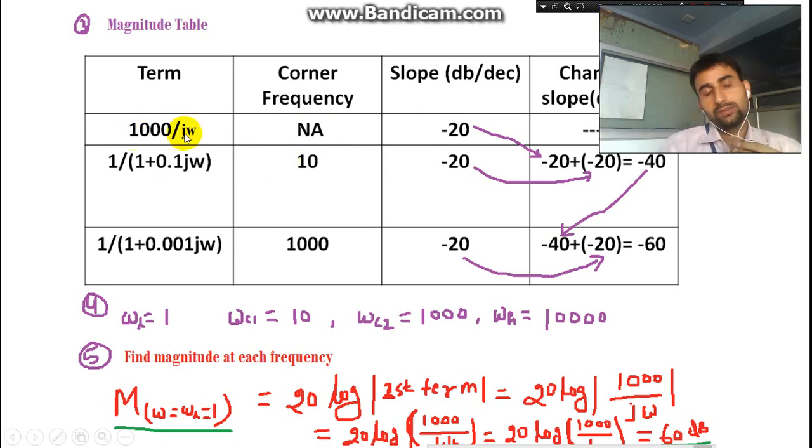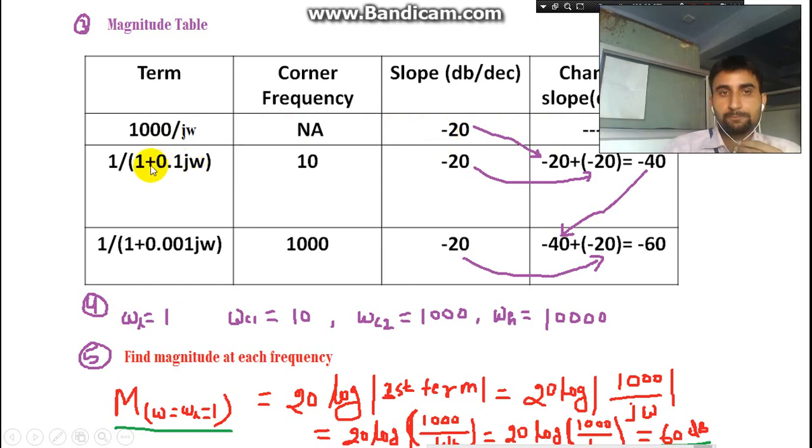But you just have to remember that if there is a j omega term in the denominator, it gives minus 20 dB per decade slope. If there is a term of omega, j omega, or s in the numerator, it gives plus 20 dB per decade slope. There is no change in slope, because we have started the graph from here itself. So the first term doesn't give any change in slope.